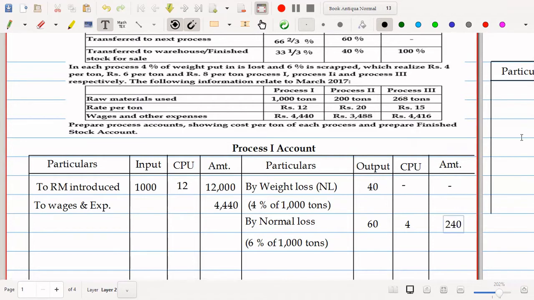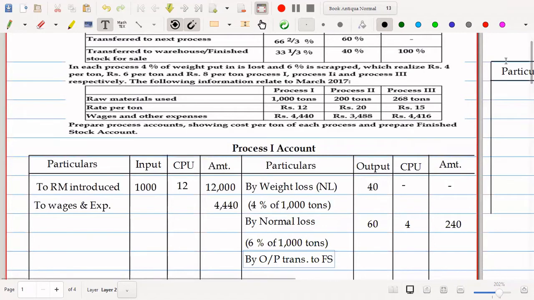Now a very important point is output transferred to next process and transferred to warehouse, that is finished stock. First let's take by output transferred to finished stock.